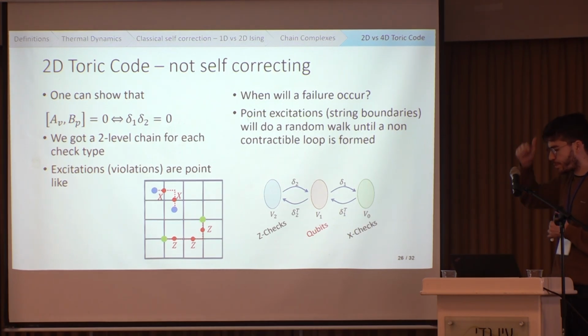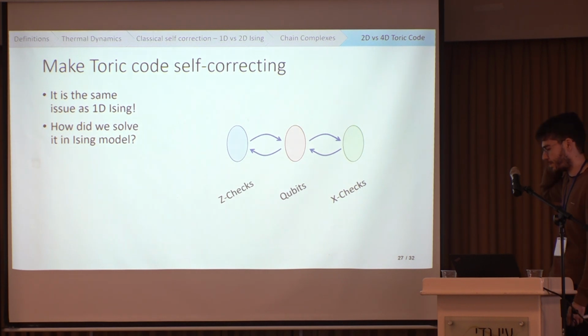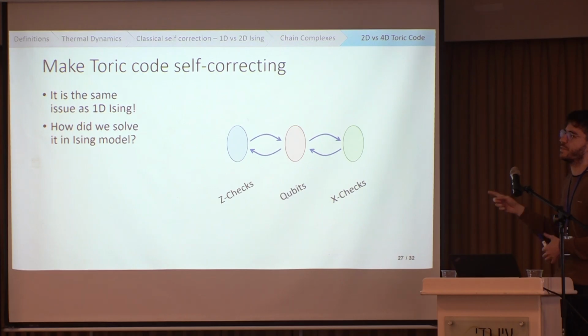So if we want to use the same mechanism of the 2D Ising model, we don't want to have point-like excitations. We want the cost to grow with the error, so we want to have loops. How can we get such a thing?